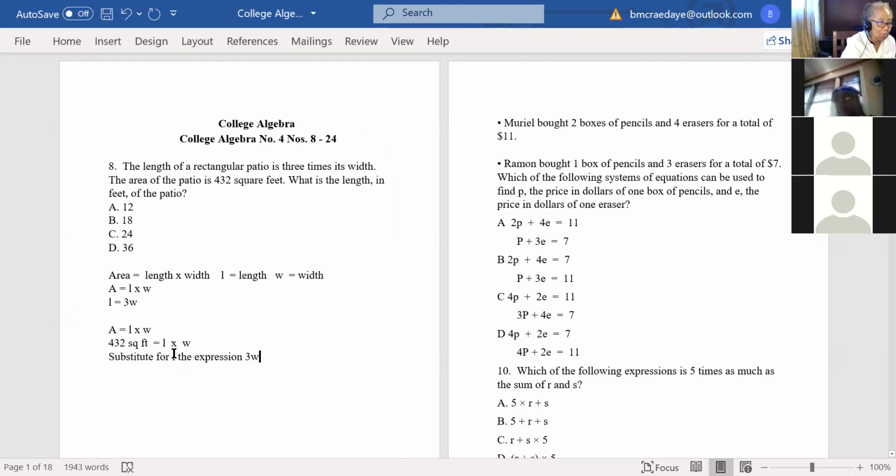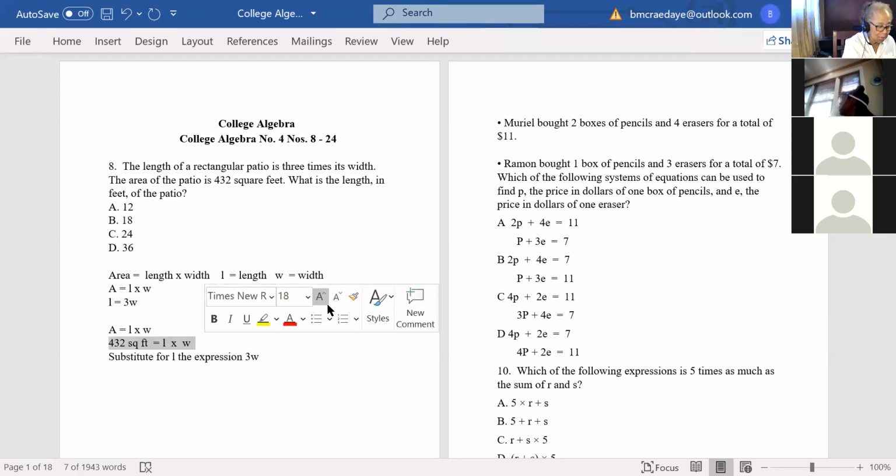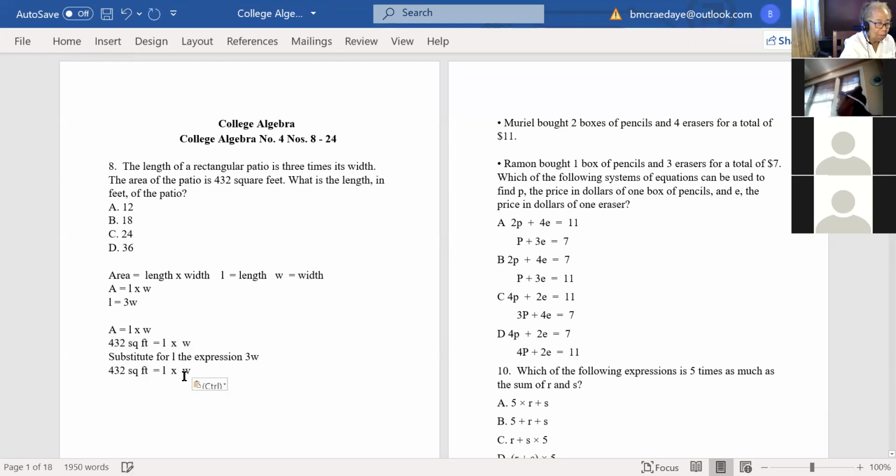L is 3W. So in this equation, if we put 3W instead of L, we'll have everything in terms of W, correct? Let's do that. For L, we will put the 3W. Now we have just one unknown, W, because if we find the width, then we can find the length.